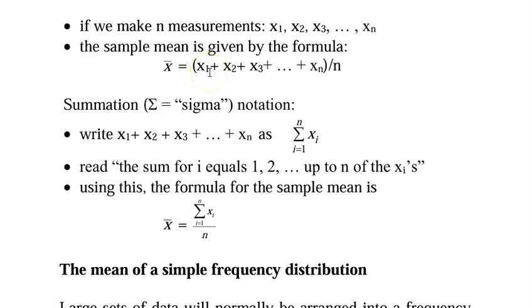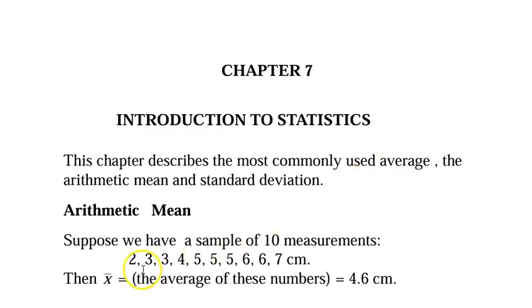But we now add the individual elements together. 2 plus 3 is 5, 5 plus 3 is 8, 8 plus 4 is 12, 12 plus 5 is 17, 17 plus 5 is 22, 22 plus 5 is 27, 27 plus 6 is 33, 33 plus 6 is 39, 39 plus 7 is 46. Now we have the total of these measurements to be 46.